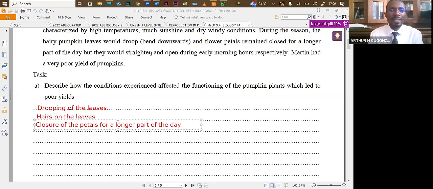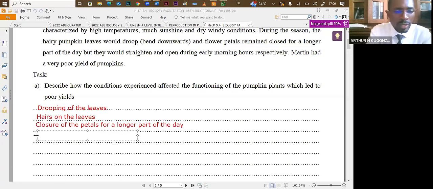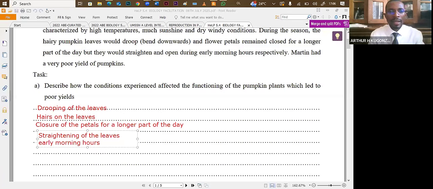Now, does the straightening also enable this plant to survive these conditions, straightening in early morning hours? In my view, it also does. Another point will now be straightening of the leaves early morning hours. That is another point.